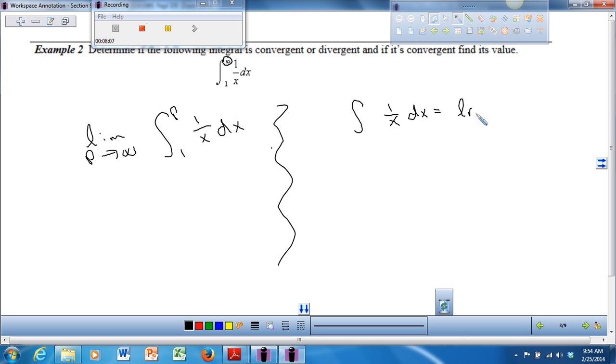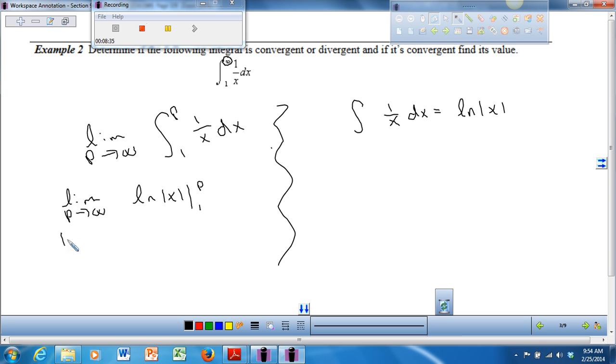We get the natural log of the absolute value of x. So over here I will have the limit as p approaches infinity, the natural log. Do I need the absolute value of this? Well, that didn't. But it's never wrong if you put it in. So I'll keep it in, even though we don't need it this time because we're going from 1 to infinity. They're all positive. But I'll keep it in.